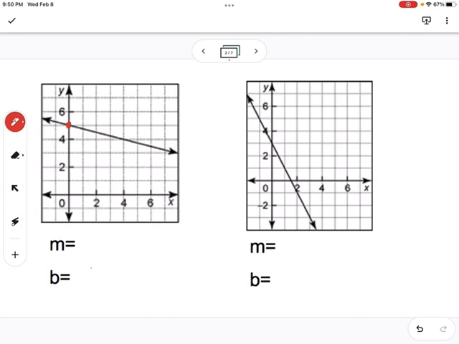So our b is going to be 5. Now, in order to determine our slope, we want to find another nice point that's on the graph. Try to find where a point meets both grid lines. So that could be this one right here.